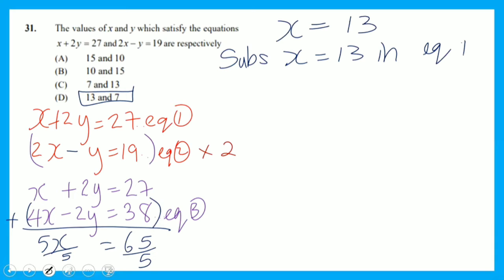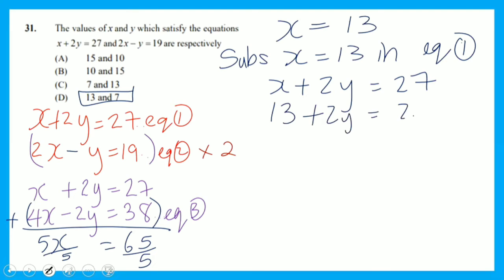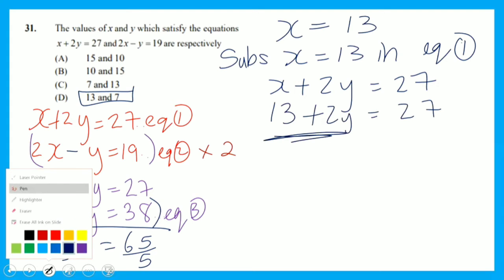So let's go with equation 1. Equation 1 is x plus 2y equals 27. Great. And we're going to put in the value of x, 13, plus 2y equals 27. We want y, so we're going to get rid of this 13 and this 2 right here. Definitely going to get rid of the 13 first.